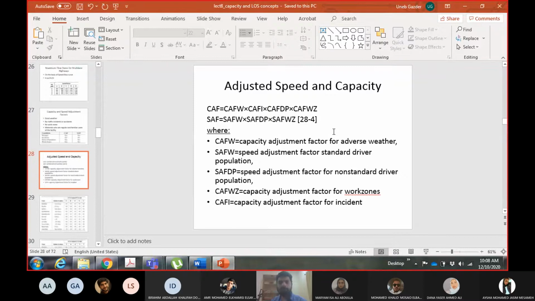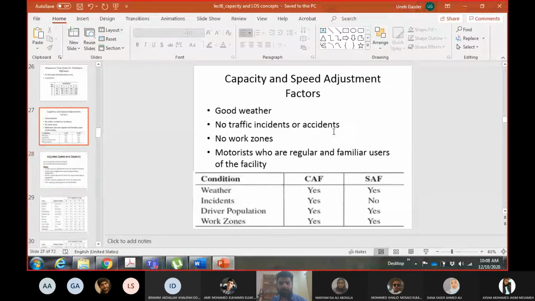Normally these conditions will not happen when you are designing or looking at a highway. Incidents, work zones, driver population and adverse weather conditions are not normal. So if it is not mentioned, you don't have to apply these adjustment factors.